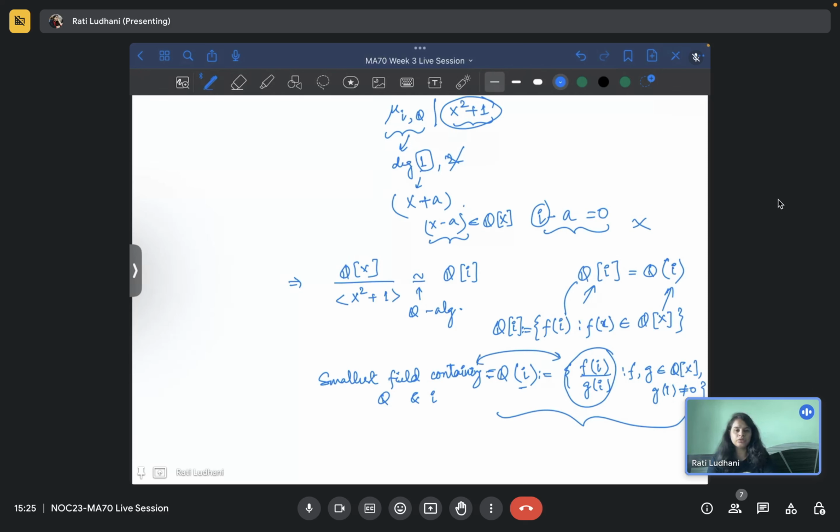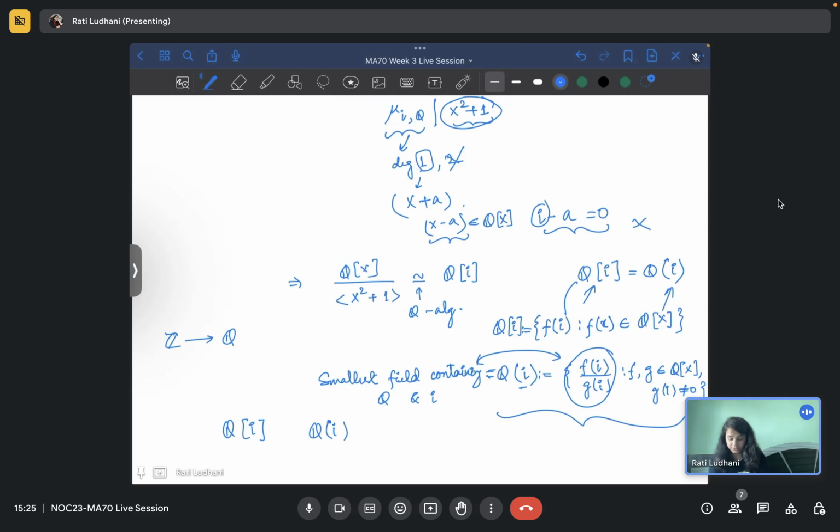So basically what you are doing is taking the smallest field, so this is really an extension of Q[i] to make it a field. So for example, when you consider Z and want to make a field, you go to Q. So this is just the field extension in that sense.